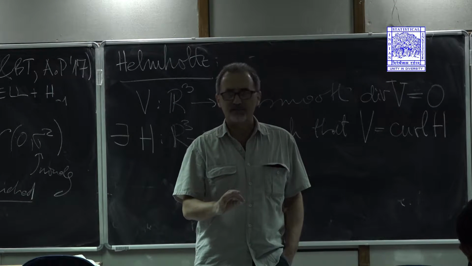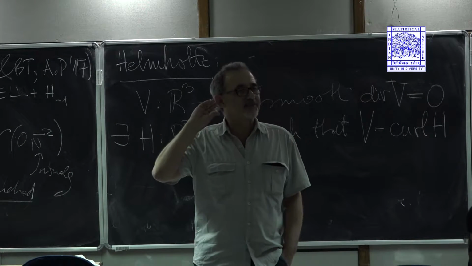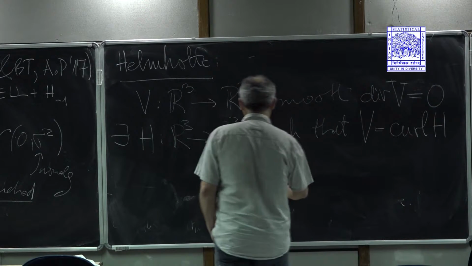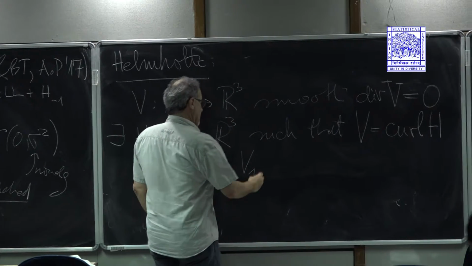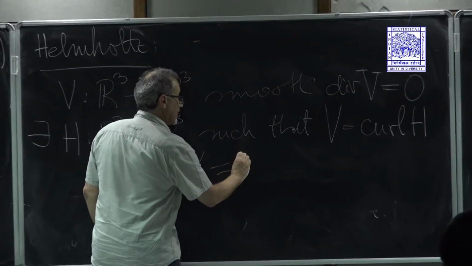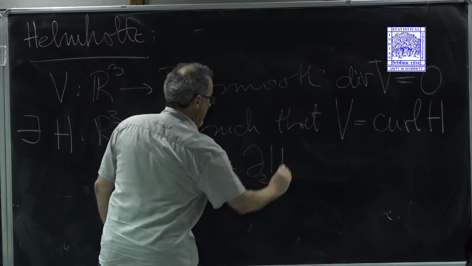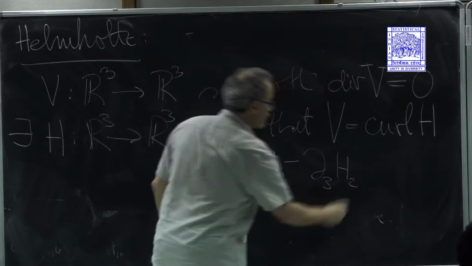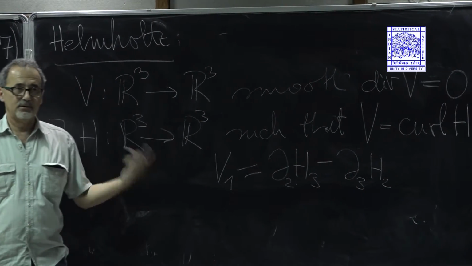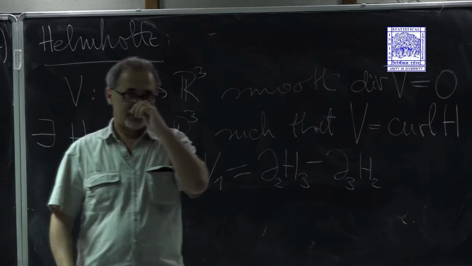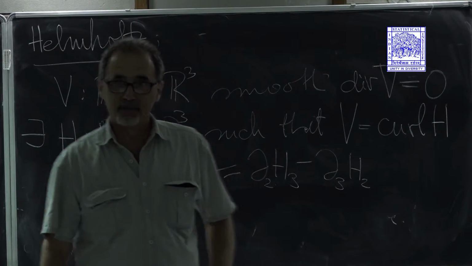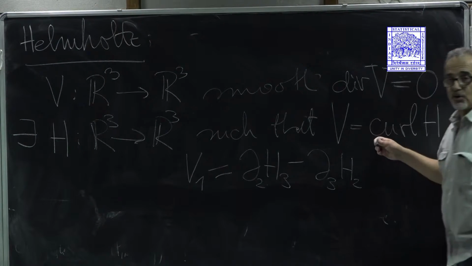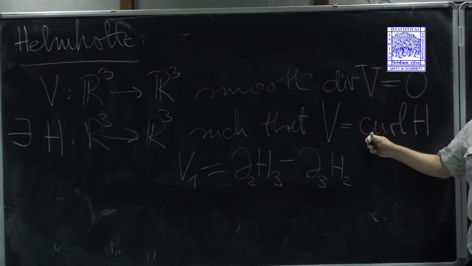This means that V1 is equal to D2H3 minus D3H2, and so on by circular permutation. So divergence-free vector fields are curls or rotations of vector potentials.